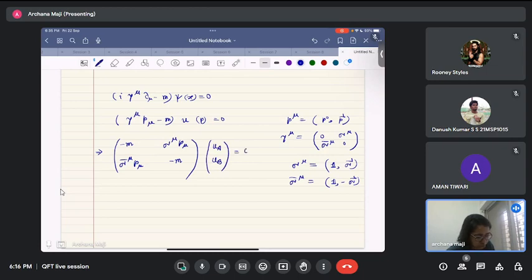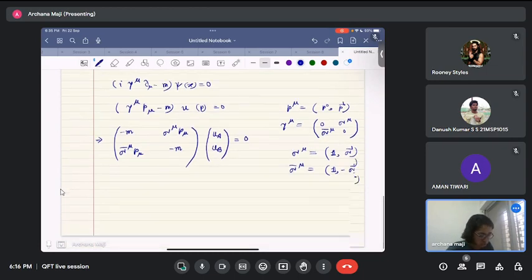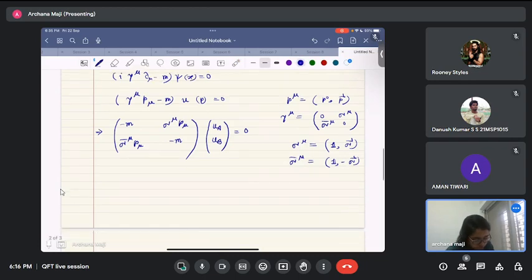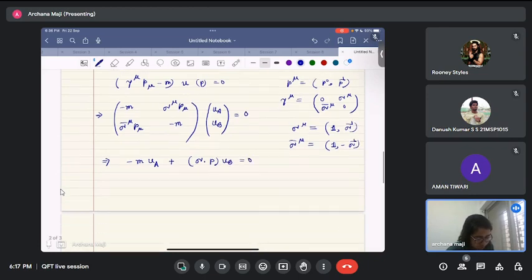Since everything is in 2 by 2 matrices, the Dirac spinor, which is a 4 component spinor, can be broken up into two component spinors, ua and ub. So what do we get from this equation? We get minus m ua plus sigma dot p ub equal to 0. When we are not putting a vector and writing a dot in between, it means we are taking the 4 vector dot product only. And the second equation is sigma bar dot p ua minus m ub equal to 0.